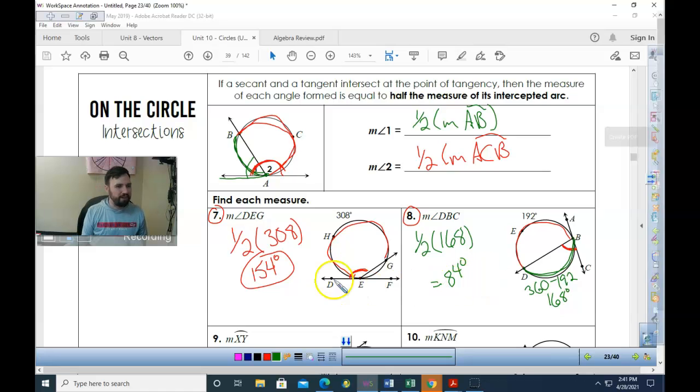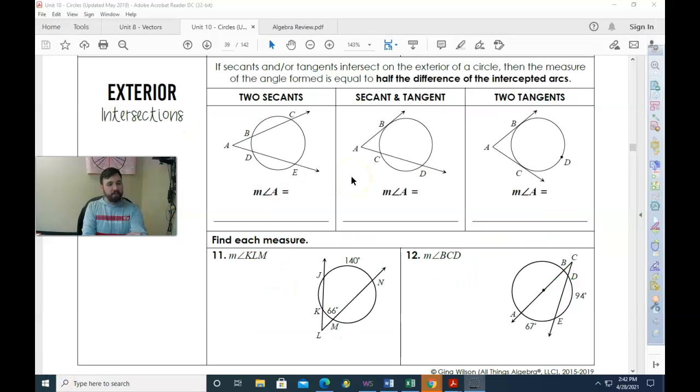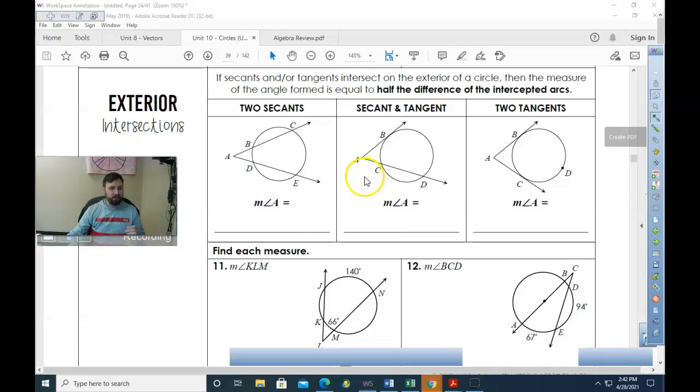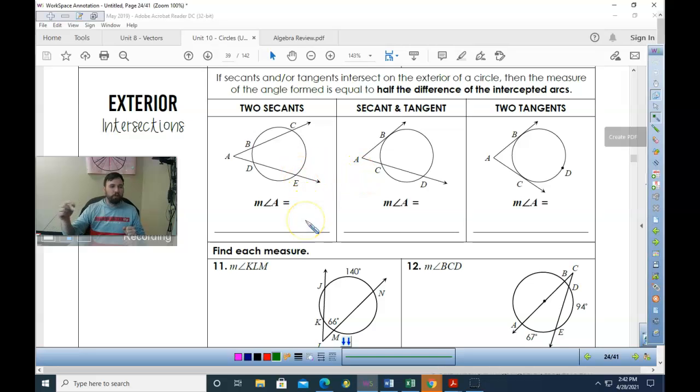One more section. Last one I want to look at could be relatively quick because it's very similar to what we did. What do we do if the angle is outside of the circle and it hits the circle? Before, if it was inside the circle, we did 1/2 times the two arcs added to each other.